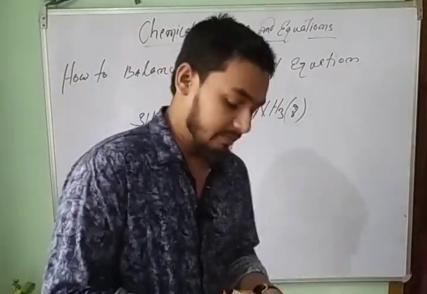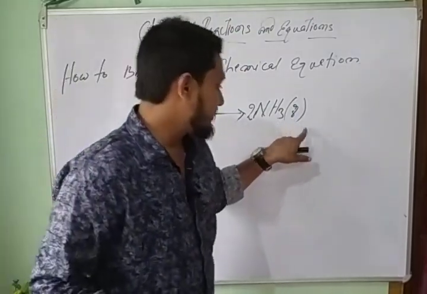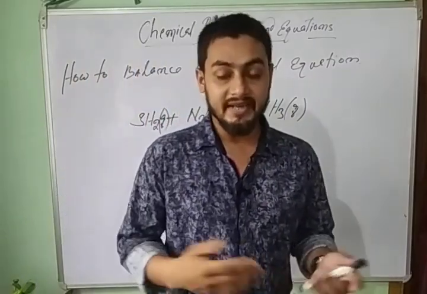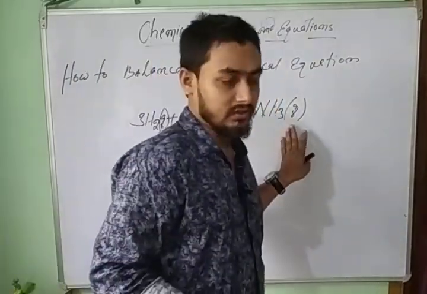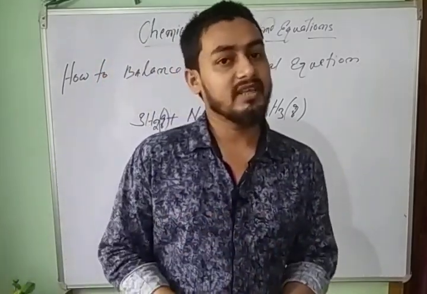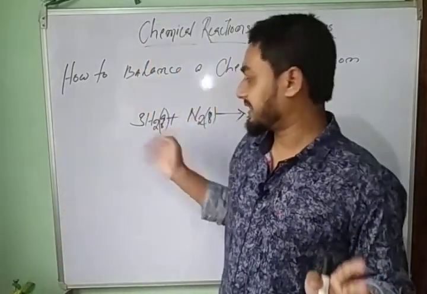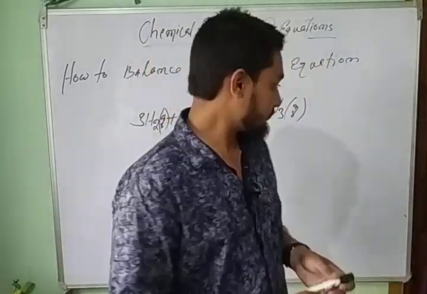So whenever you balance a chemical equation, try to write the physical state of the reactants and the products. In a skeletal equation we do not mention the physical state. That is why whenever we balance the chemical equation, we try to write the physical state of the reactants and the products. Okay.